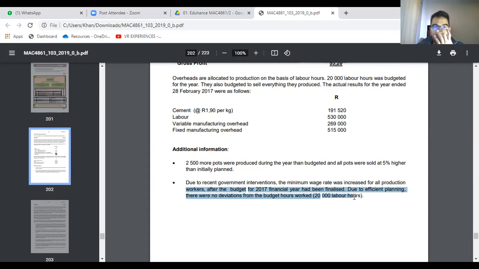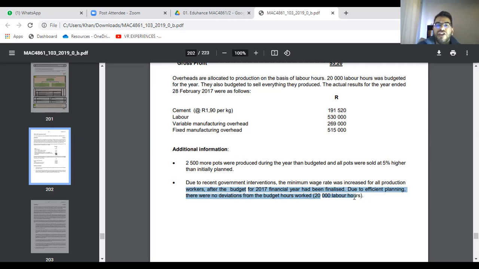You must already pick that up from reading the scenario. So for direct material, for cement, I know the price variance is unfavorable. For labor, I know the rate variance, or the price variance, is going to be unfavorable. The quantity variance, or the efficiency variance, for labor is neither unfavorable nor favorable because it was exactly the same.